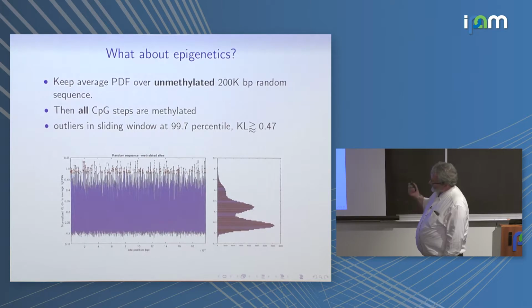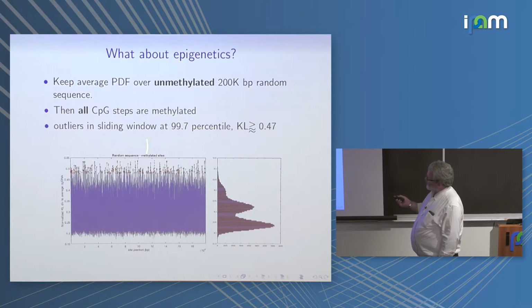So now we then talked about epigenetics. We're now going to say, okay, I want to see what happens if I methylate C's in CpG steps. So I'm going to take the random sequence, keep the same average PDF without methylation, but now I'm going to methylate every single C in every CpG step.